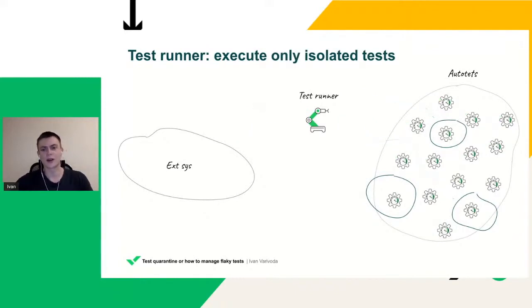So our runner has an input command like run only isolated. After getting this command, the test runner has to run only isolated tests, and usually they fail. We need this functionality for getting more statistics about our isolated tests, and I will tell you about it later in detail.